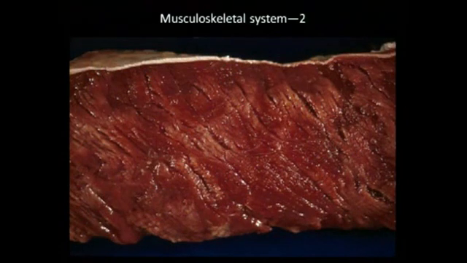Second slide, in the musculoskeletal system, we are looking at a cross-section of epaxial skeletal musculature, and the abnormality is that instead of all the muscle looking muscle-colored, in other words, red-brown, we have patchy areas of tan pallor in the muscle.